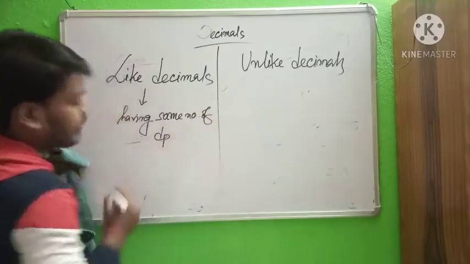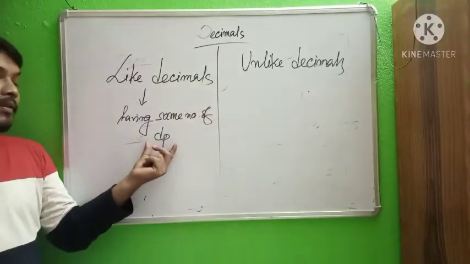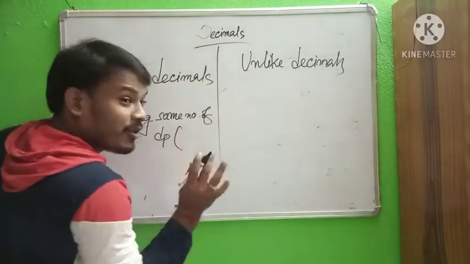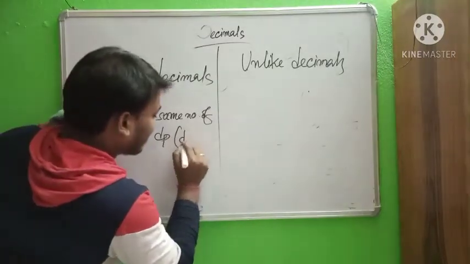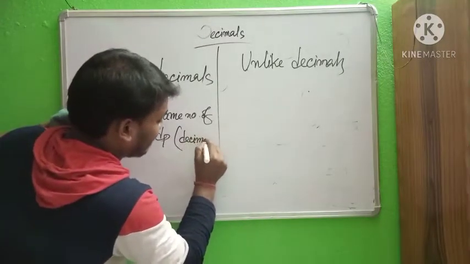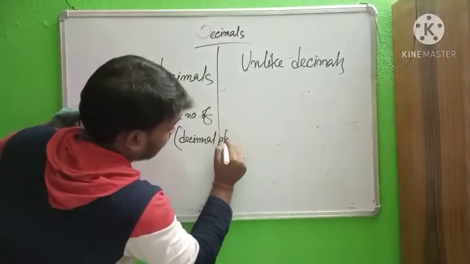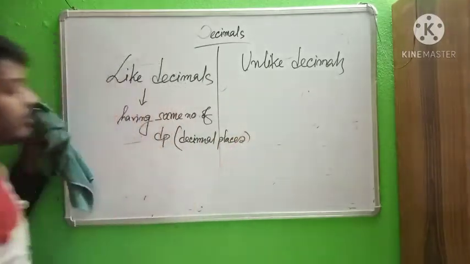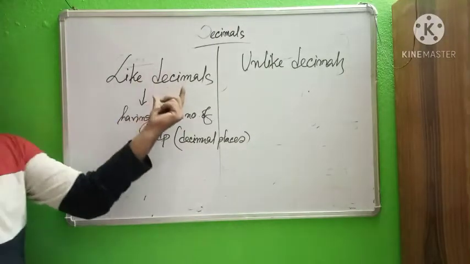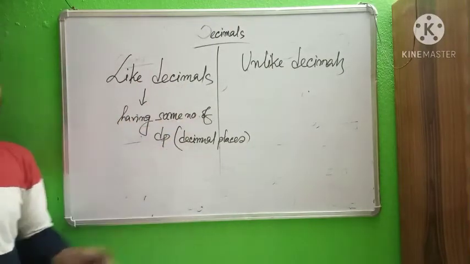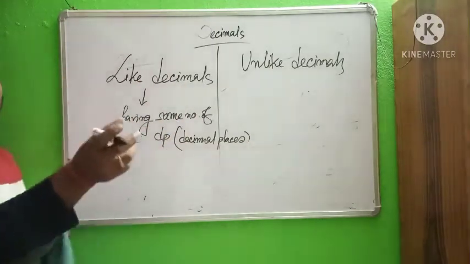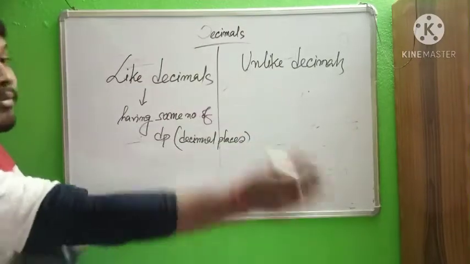DP stands for decimal places. So like decimals have the same number of decimal places, which means in the decimal part there are the same number of digits.